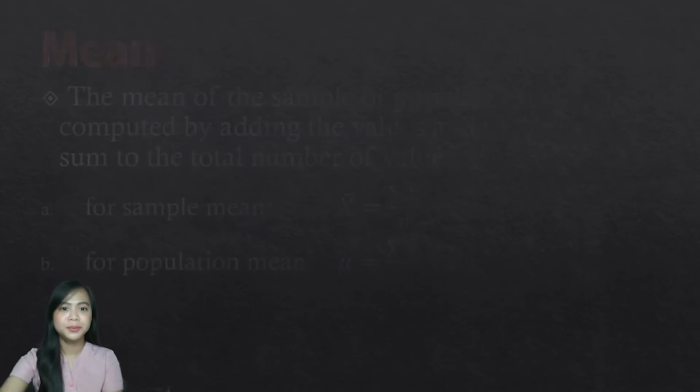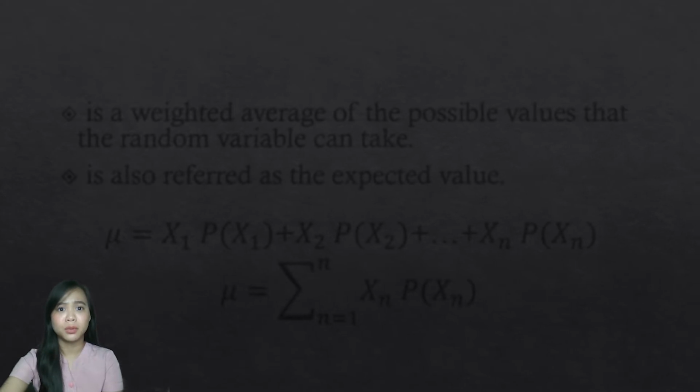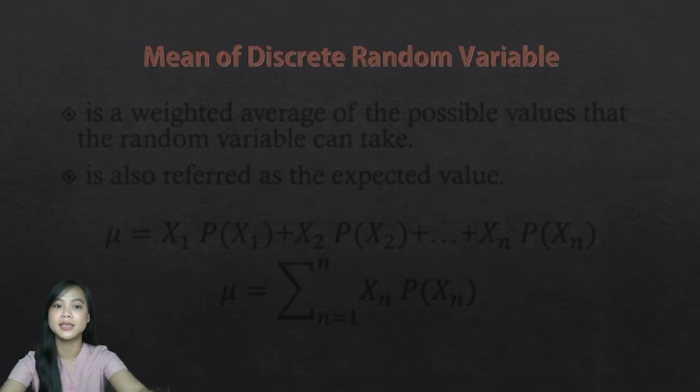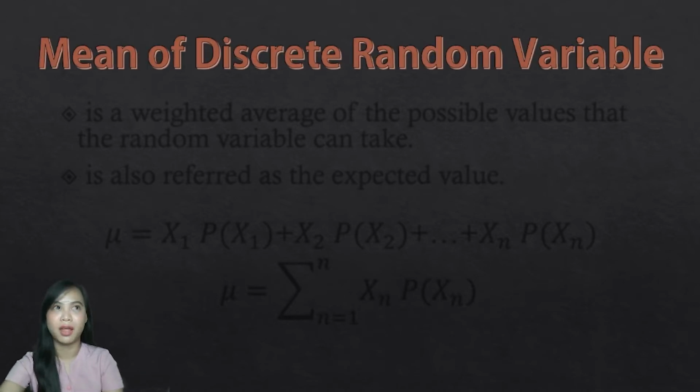Now, for us to know the mean if we have an infinite number of values, we have a method that gives a theoretical value of the mean. This is the mean of a discrete random variable.